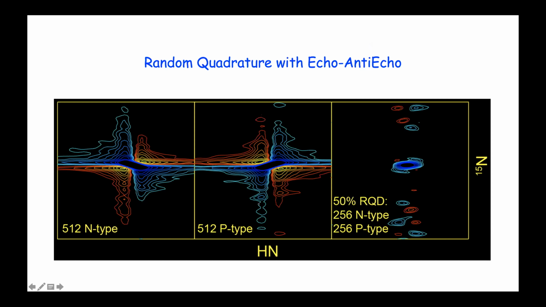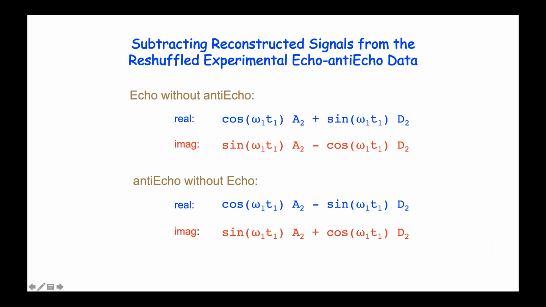And so anyway, here's how SMILE reconstructs. When there's echo but without anti-echo, SMILE always reconstructs as a cosine and sine.